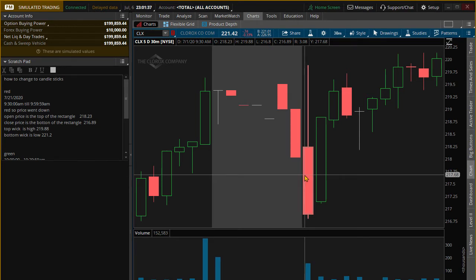Since this candlestick is red, that means that during this 30-minute time period, the price went down.